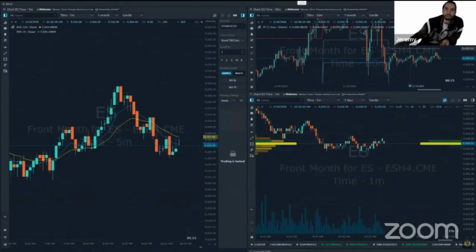Let's look at this chart. I need my 5 day. Where's the 5 day? Let's see, we might get another swing, man.